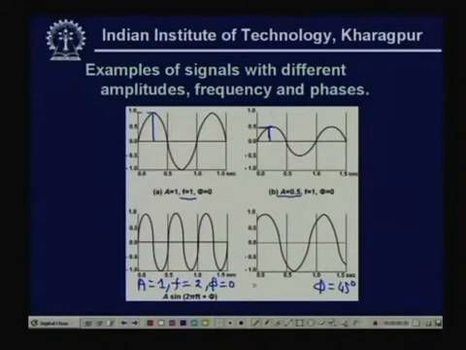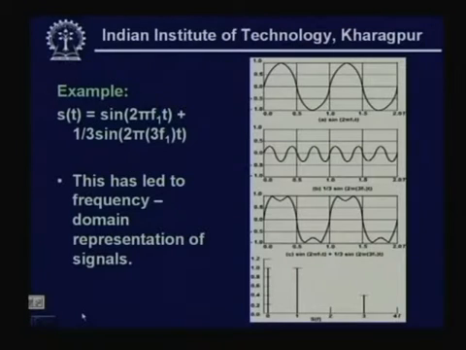So in this particular case, A is equal to 1 volt, f is equal to 1 hertz, because in 1 second again one cycle is completed, and phase is equal to 45 degree. So here we have taken examples with different amplitude, frequency and phases.